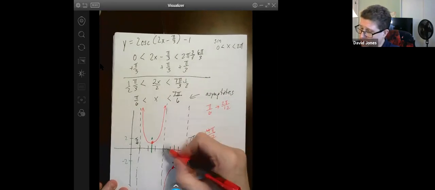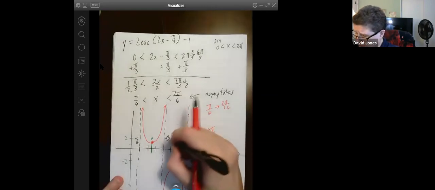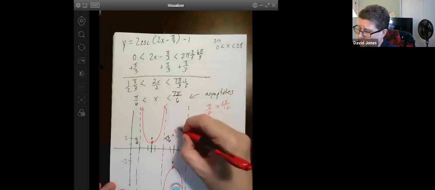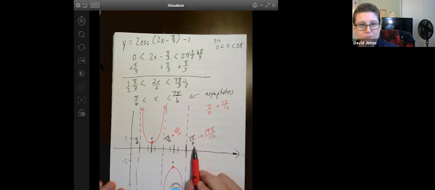The midpoint here is 4 pi over 6, which is 8 pi over 12. If you really converted them, you need to shift to a denominator of 12 to see where those are at.